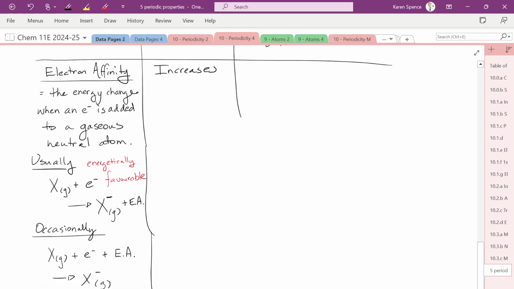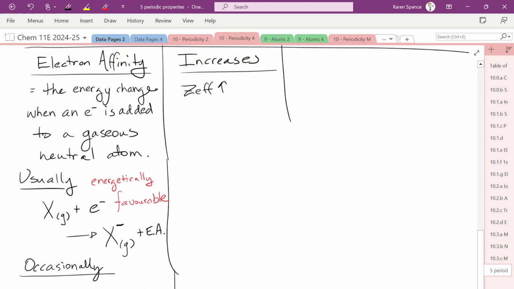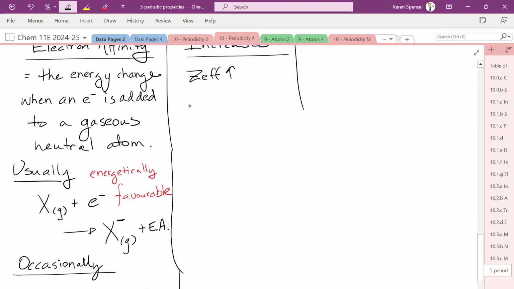Now, what do you think is going to happen as we go from left to right across the periodic table? Why is it increasing? Because Zeff increases. What else? Atomic radius decreases. Therefore, the Coulombic attraction increases.